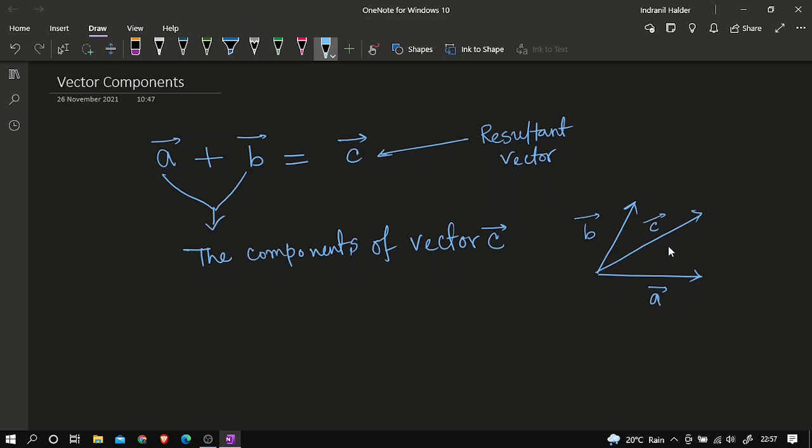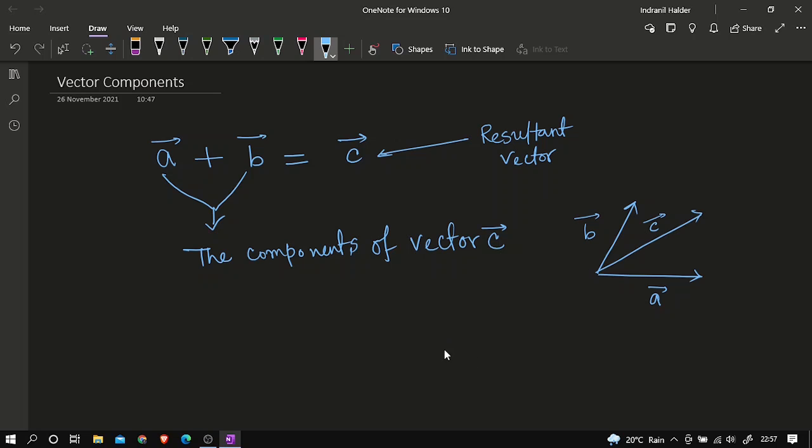Okay, so now we know that A vector plus B vector equals C vector, so we are calling A vector and B vector the components of the vector C. But if we want to construct this C vector, we can do this without this A and B vector as well.